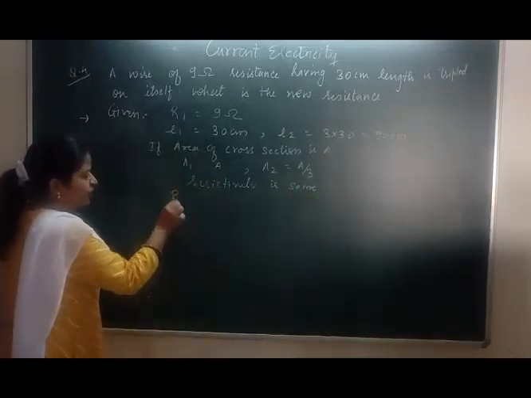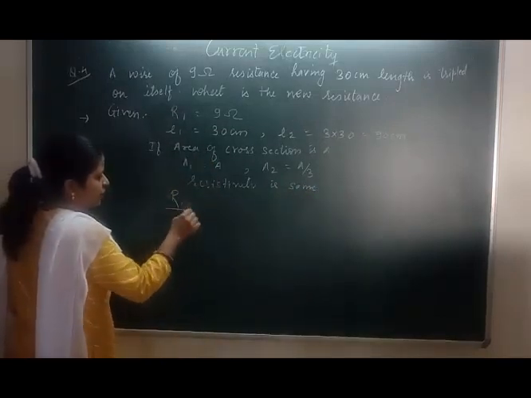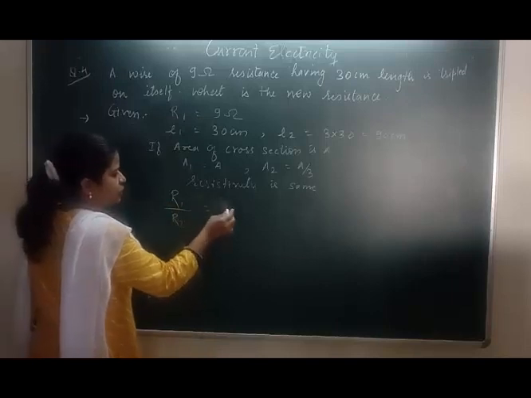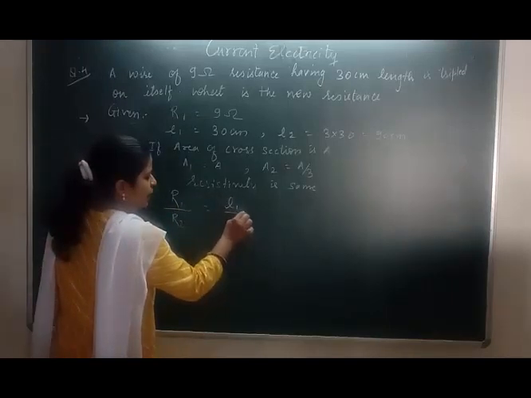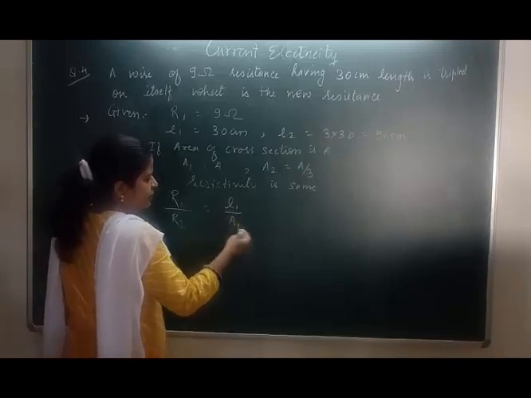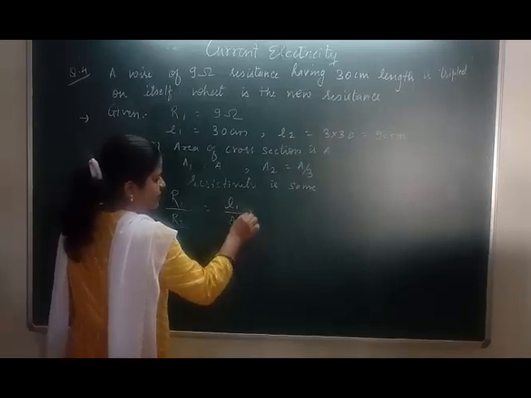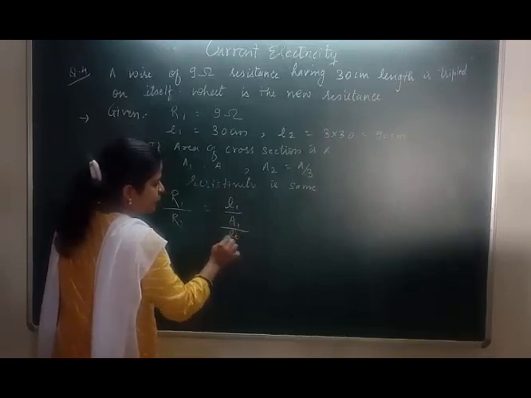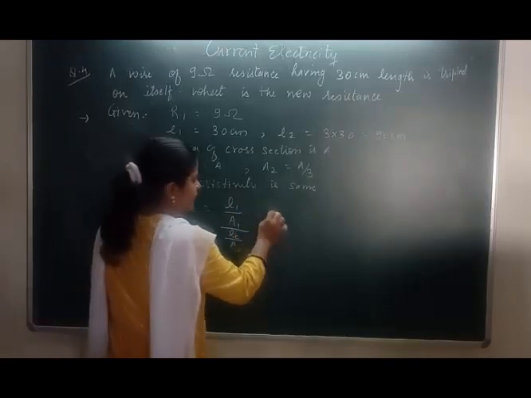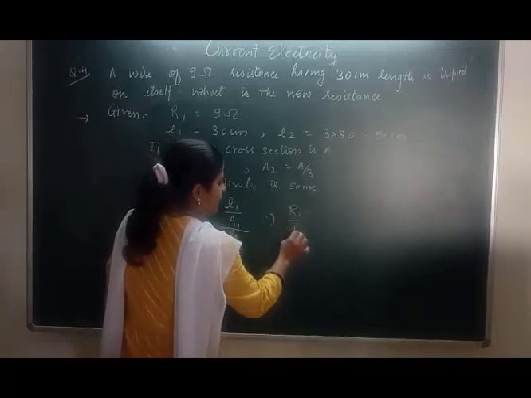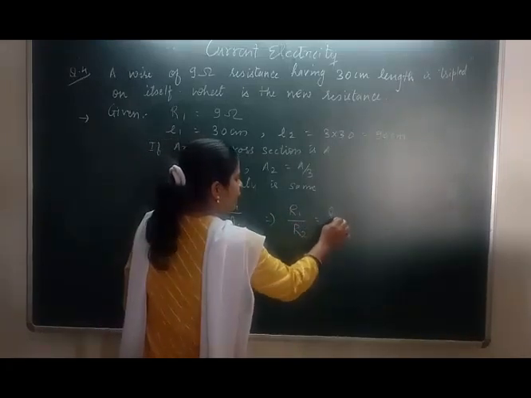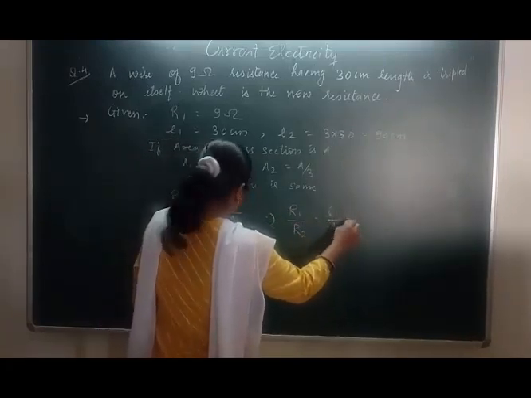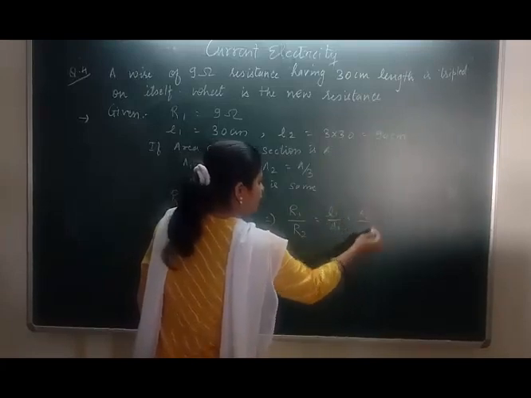So we get the formula R1 upon R2 is equal to L1 upon A1, or rather we can just take the reciprocal of L2 upon A2. R1 upon R2 is equal to L1 upon A1 into A2 upon L2.